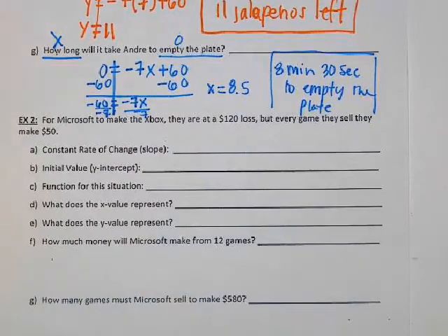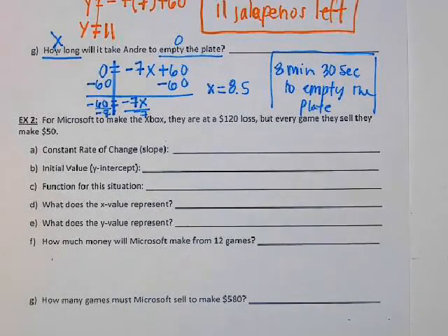Okay, number 2. Last one. For Microsoft to make the Xbox, they are at $120 loss. But every game they sell, they make $50. Okay, so let's go back and read each sentence. For Microsoft to make the Xbox, they're at $120 loss. Okay.